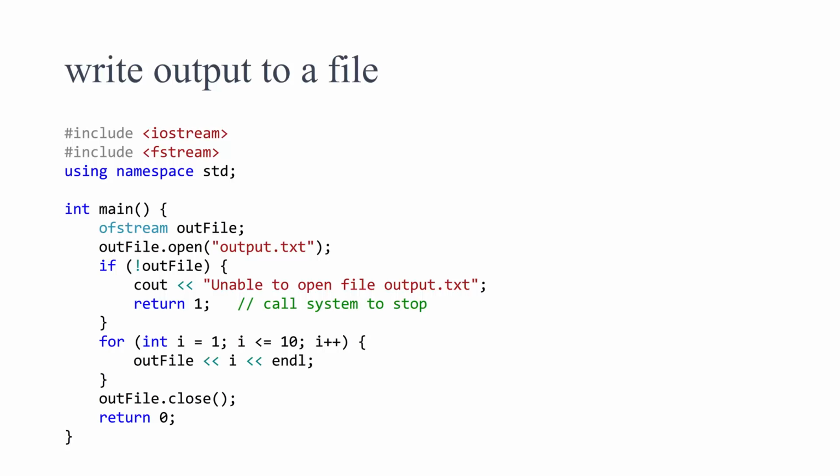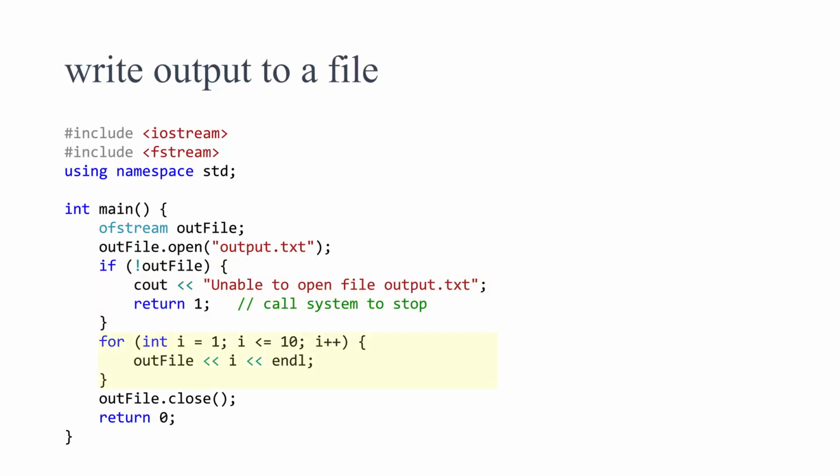Here is an example of how to write output to a file. We use the ofstream class to write output to a file named output.txt. We then check if the file was successfully opened using an if statement. If the file was not opened successfully, we print an error message to the console and exit the program with an error code.